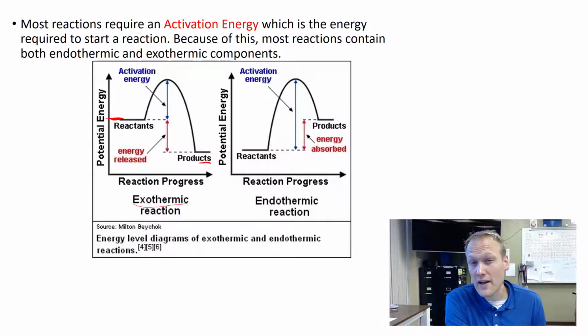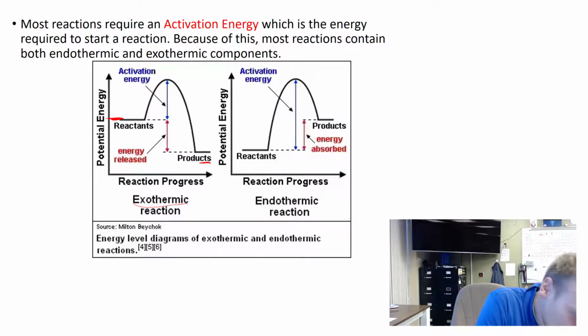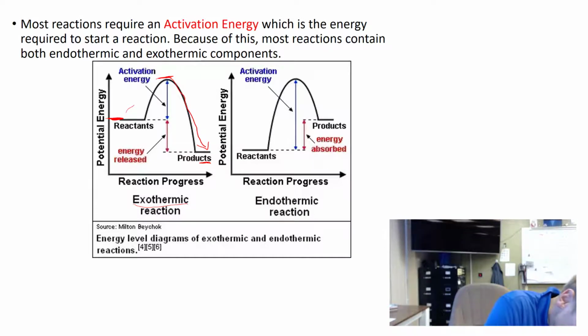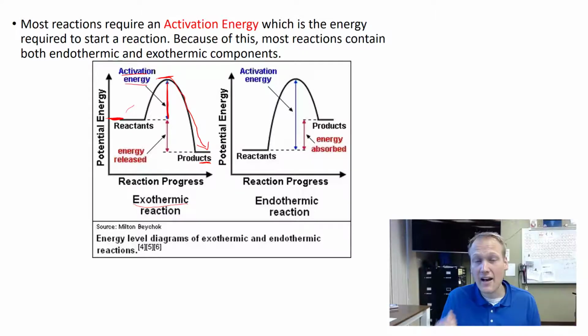In order to get that stored energy to start reacting, we need to add a little more heat, sometimes through friction. And if we can get enough heat, then this reaction will spontaneously happen and the products will lose heat to the surroundings, therefore being exothermic. So this distance right here, that is the activation energy, the energy required to get that match started.